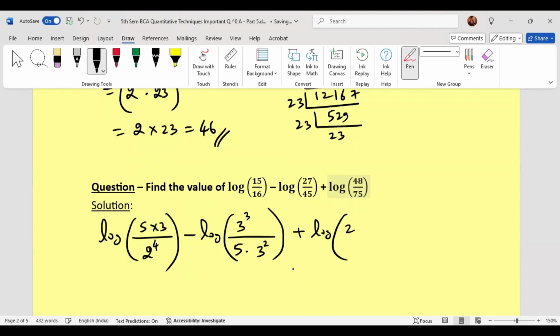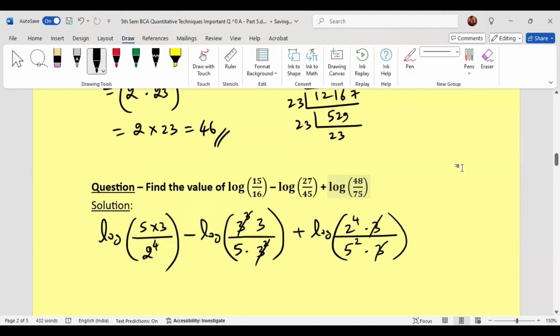16 is nothing but 2 power 4 into 3. 75 is nothing but 25 into 3, 25 is 5 square into 3. Now we can cancel this with this. We can cancel this and make it 3.